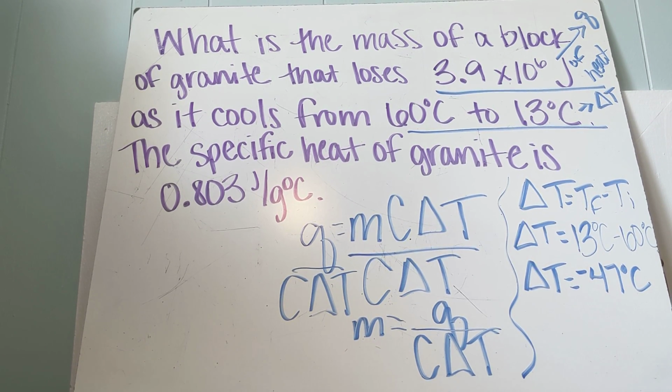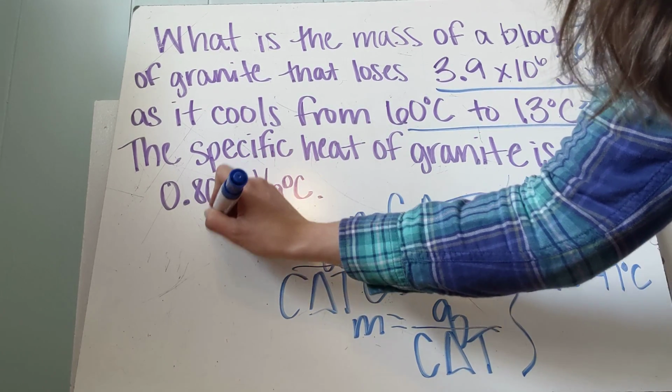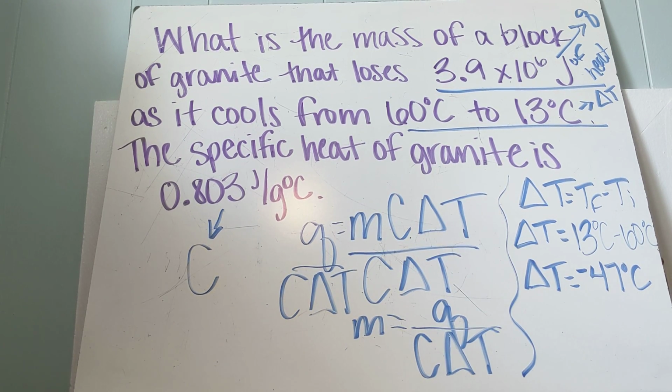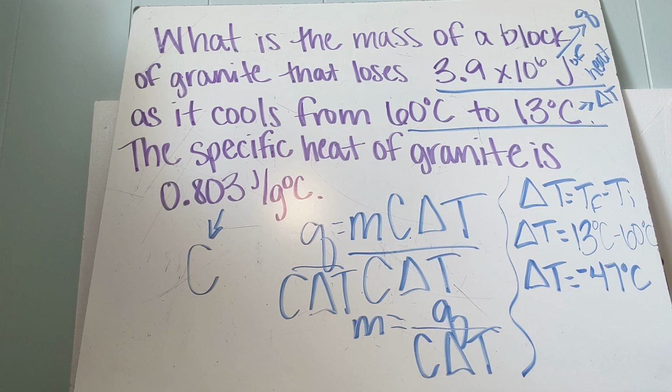Okay. And my specific heat of granite is 0.803 joules per gram degree Celsius. Okay. So I have everything to plug into my formula.